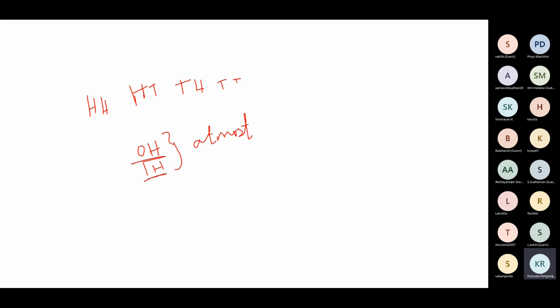Less than one head is 0 heads. So here this will not count because this is 2 heads. One head, 0 heads. So 3 favorable outcomes out of a total of 4. So 3 by 4 is the probability.